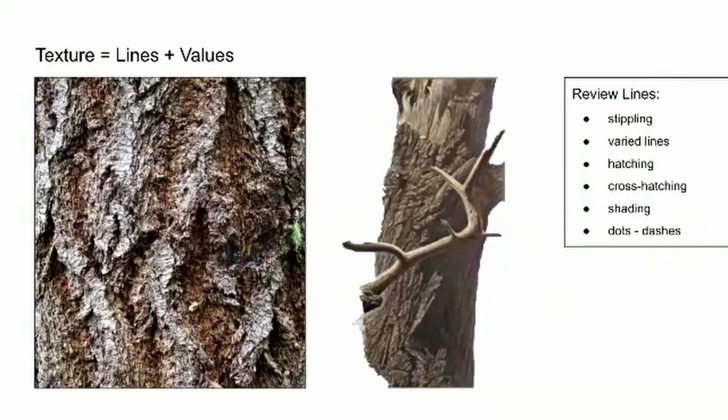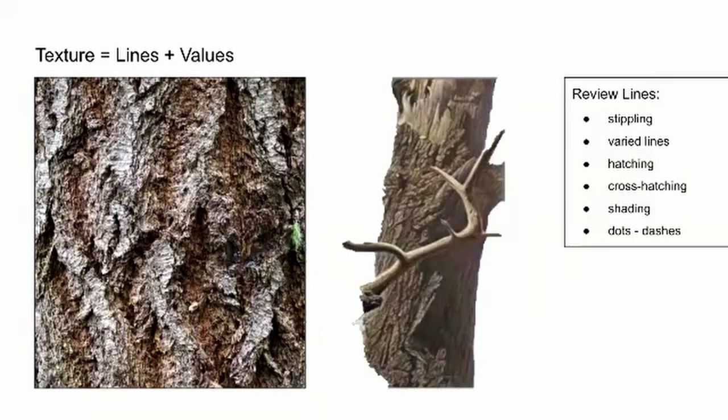And on the screen now, you can see the different types of lines that you experimented with last week. And the reason I just reviewed them is I think this little bark study is a very cool way of trying to incorporate a lot of these things. So you have the stippling, which is just the dot, dot, dot. And then varied lines is when you go from thin to thick.